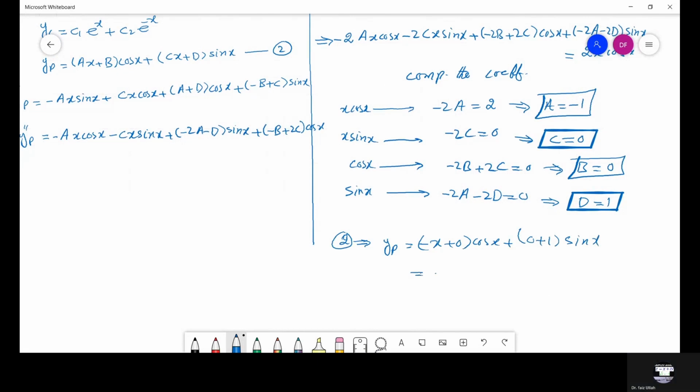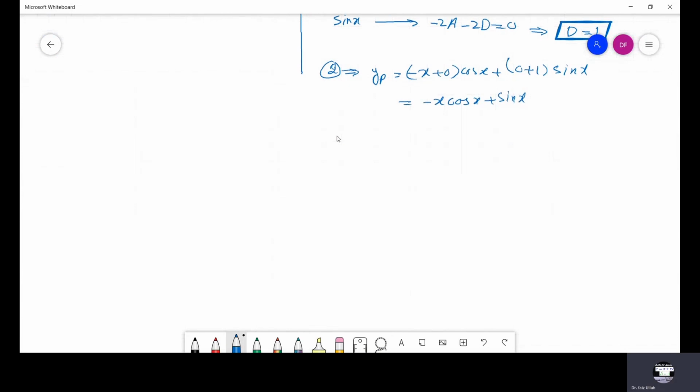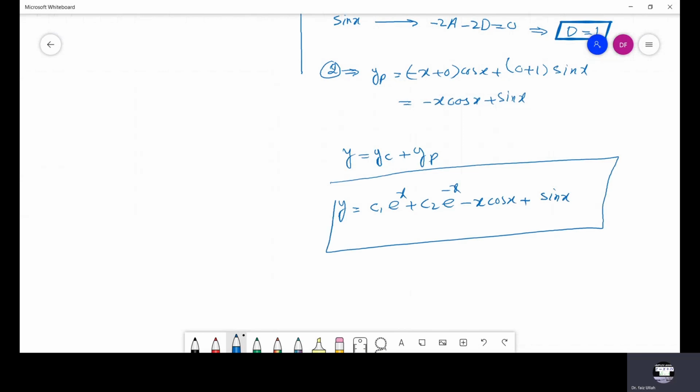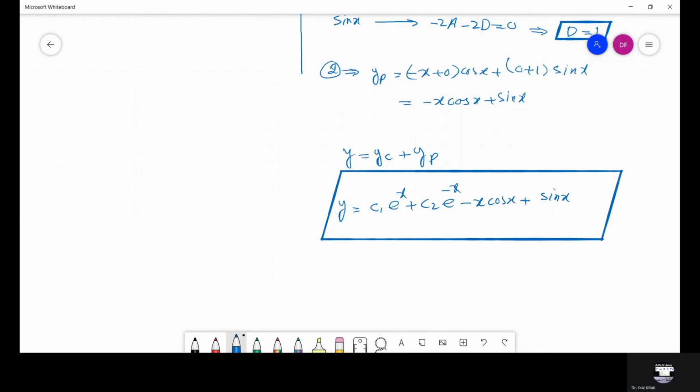So we get minus x cos x plus sin x. And now the general solution, y is equal to yc plus yp. Putting values, we have y is equal to c1 e power x plus c2 e power minus x minus x cos x plus sin x. And that is the required solution for this problem.